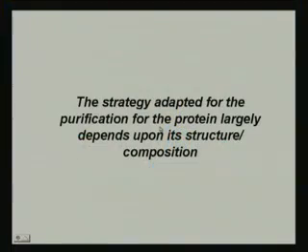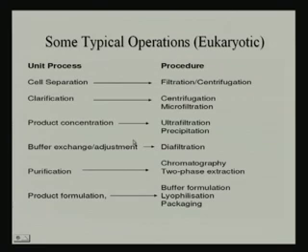In the entire downstream processing, the strategy adopted for purification of a proteinaceous biomolecule largely depends on its structure or composition. The unit operations can be fixed based on some basic criteria.